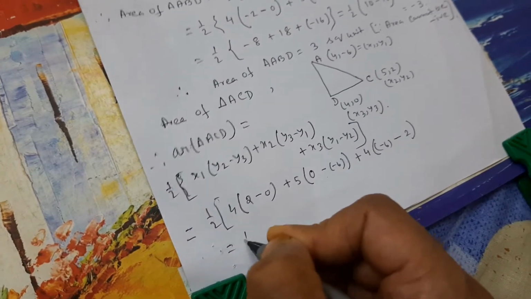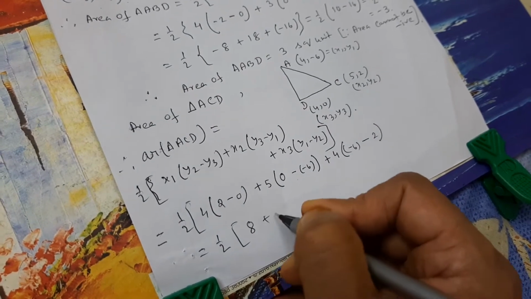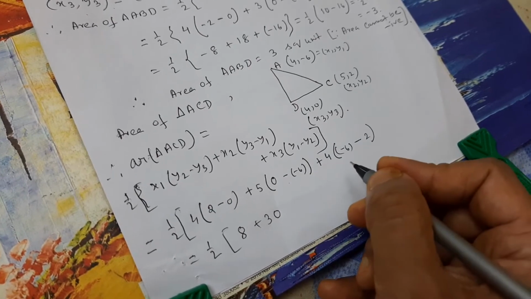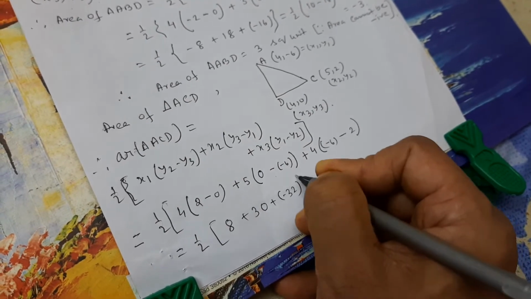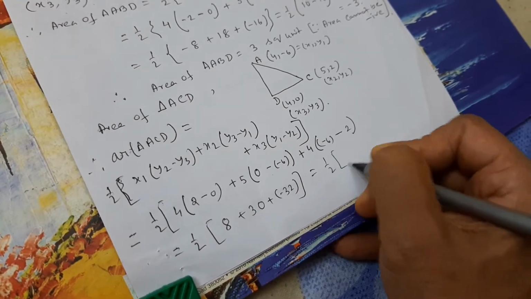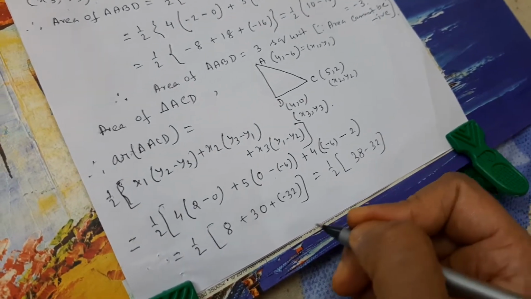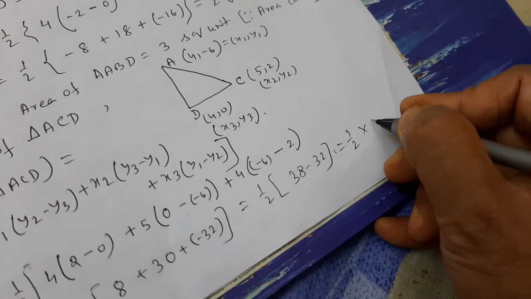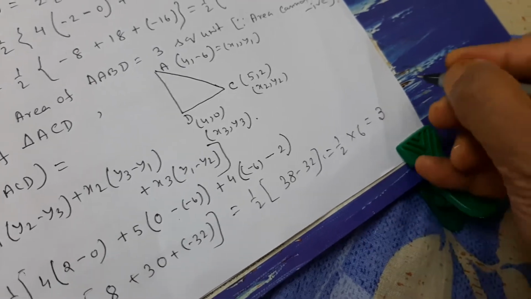So this is equal to half into 4 into 2, 8, plus 5 into 6, 30, here minus 6 minus 2 is minus 8, 4 into minus 8 is minus 32. Equal to half into 38 minus 32, 8 plus 30 is 38, so half into 6, that is 3 square unit.